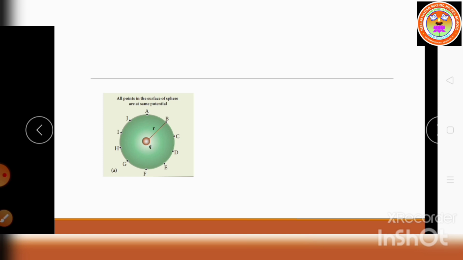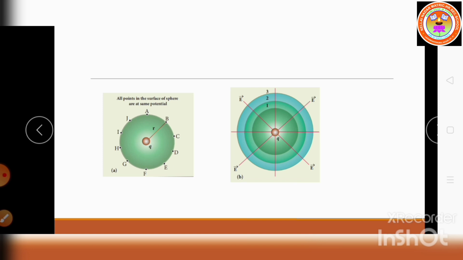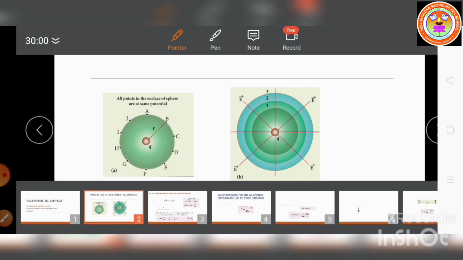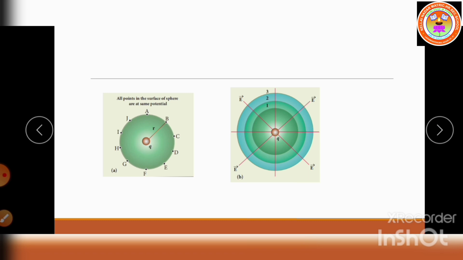For a point charge, the equipotential surface has the same potential at all points. Next, I have taken three concentric spherical surfaces: first, second and third. If you consider three different spheres, the distances are different, so the potential values are also not equal. On each sphere, all points on the surface have the same potential.